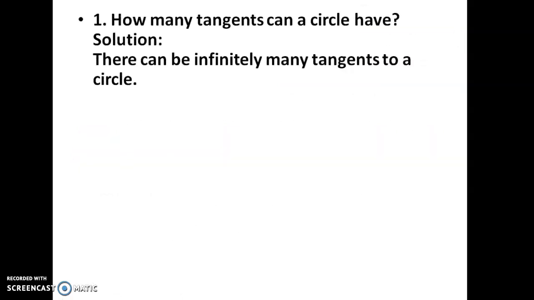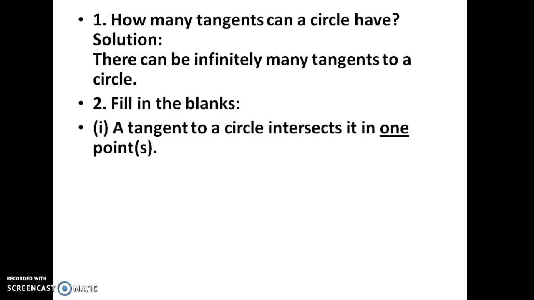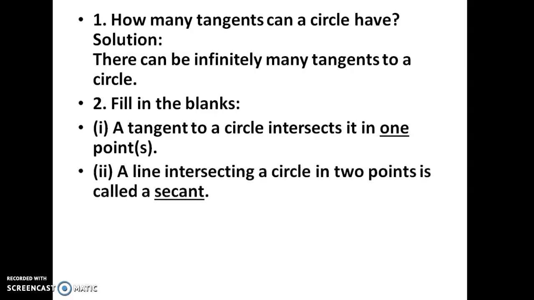First one: how many tangents can a circle have? There are infinitely many tangents to a circle. Fill in the blanks. A tangent to a circle intersects it in one point. Only one point a tangent can intersect. A line intersecting a circle in two points is called a secant.